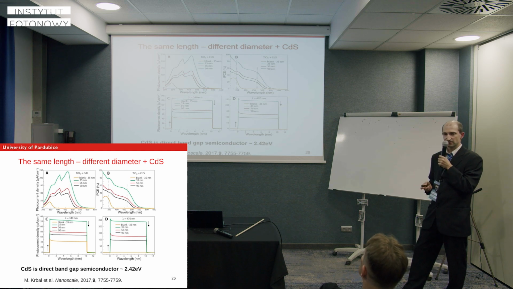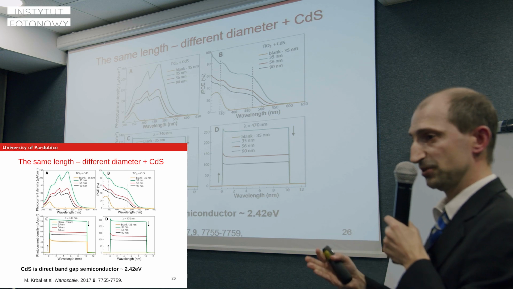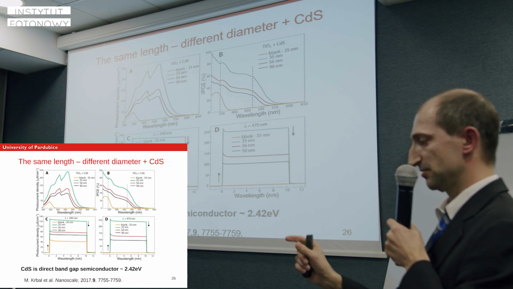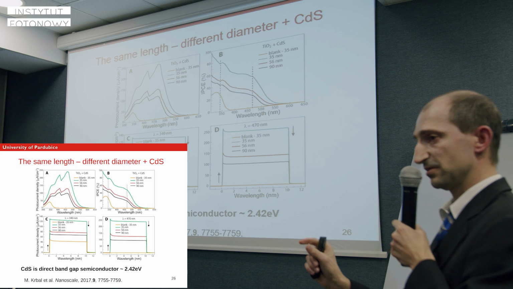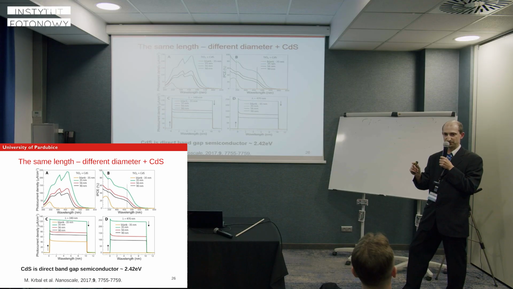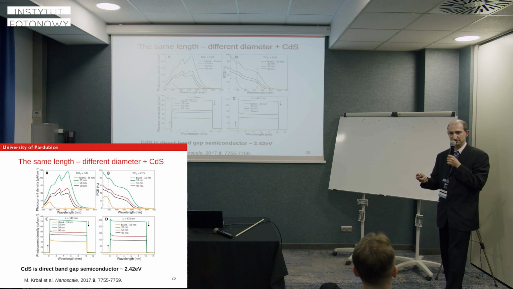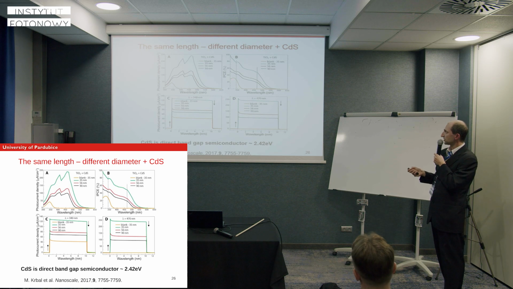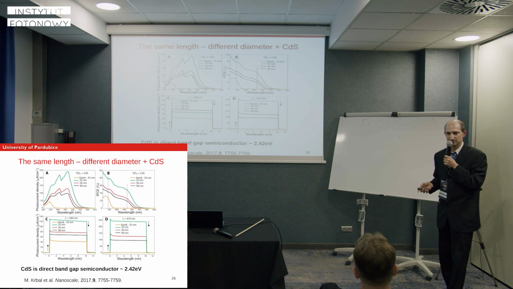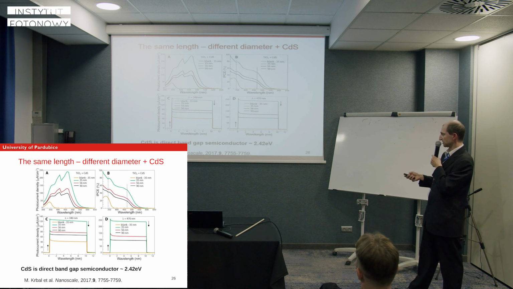This is in line with our assumption, because if you have a small diameter, you have a higher surface area, so we have more cadmium sulfide in the structure. Also, you can see that the transients are very fast. So this is quite a nice material.